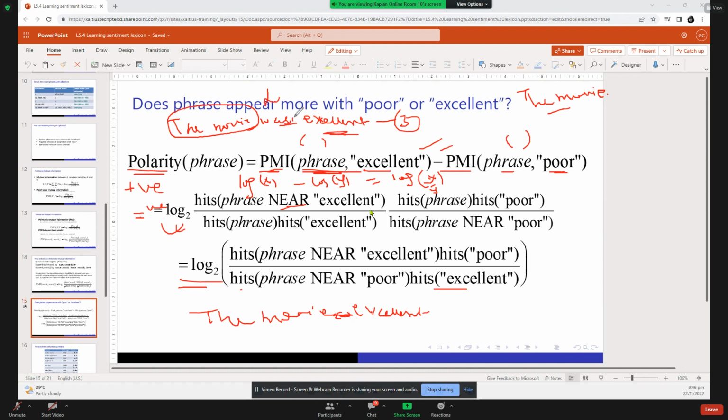So three means that there can be one word, two words, or three words in between. Still, they will be considered near. Even if the movie was very, very excellent, it still is considered near.